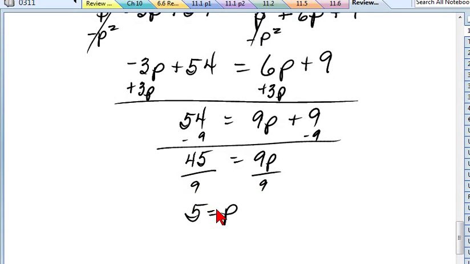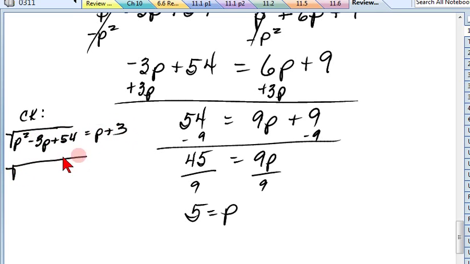I do need to check it. I have the square root of p squared minus 3p plus 54 is equal to p plus 3. It's the square root of 5 squared minus 3 times 5 plus 54, which is supposed to equal 5 plus 3. Square root of.